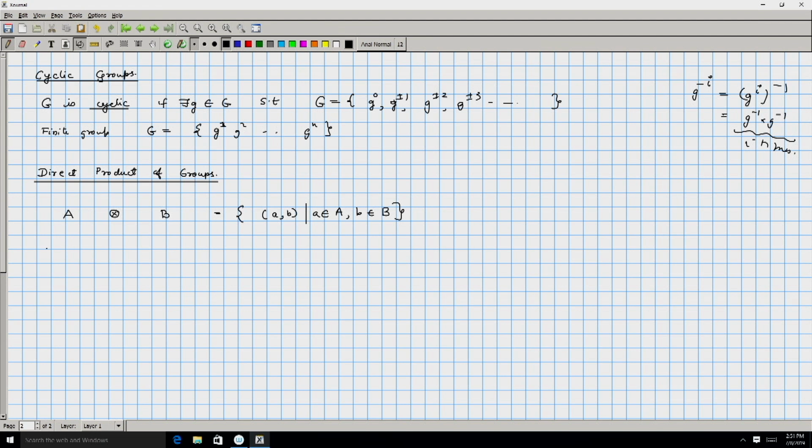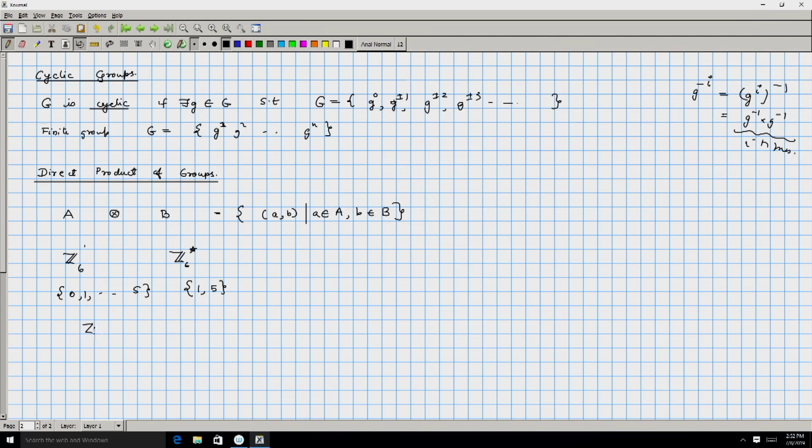For example, if we had taken the group Z6, this will consist of elements 0, 1 up to 5, and let us say we consider Z6 star, which will consist of all elements which are relatively prime to 6, namely 1, 5.